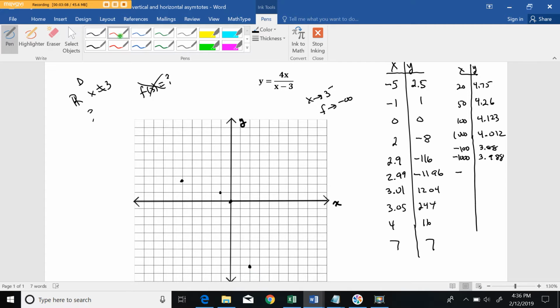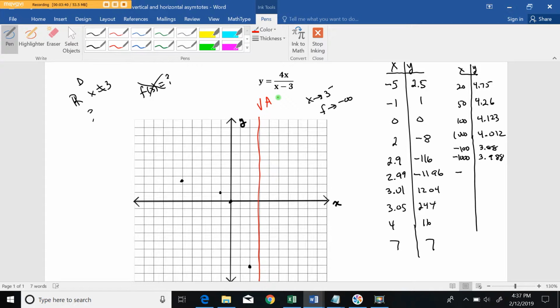I'm going to put that in red. The line x equals 3, not negative 3, is our vertical asymptote. A vertical asymptote is the vertical line that the function approaches, heading to either plus infinity or minus infinity, as the function approaches the value where it's undefined, where the zero is.